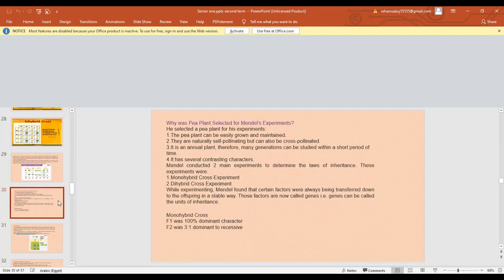Okay. And we knew why Mendel selected the pea plant to make his experiment, because it was easily grown and maintained, and it was self-pollinated, it can make self-pollination. What does self-pollination mean? The anther in the flower can pollinate the stigma, which is also present in the same flower, and make offsprings by themselves, or it can be cross-pollinated, meaning taking the anther from one flower and it flies to the stigma of another flower.